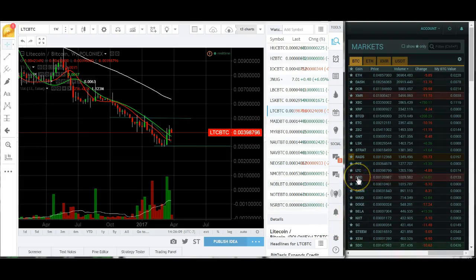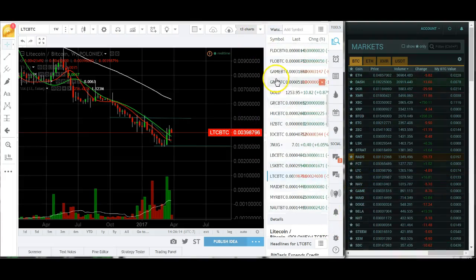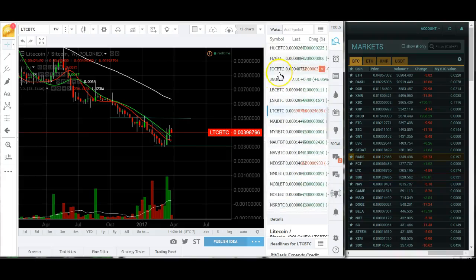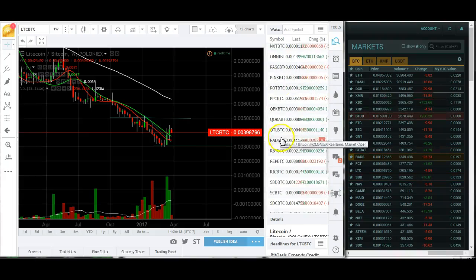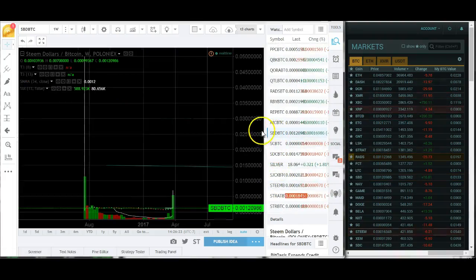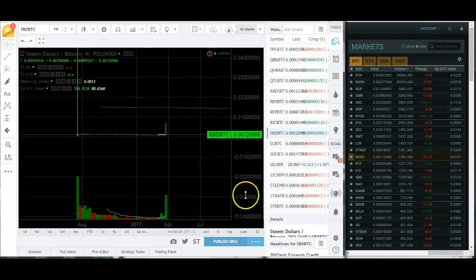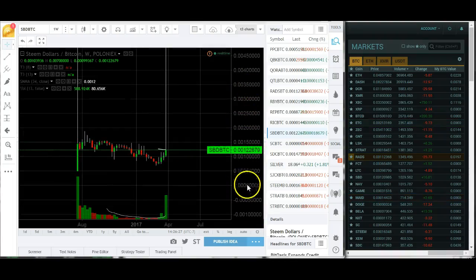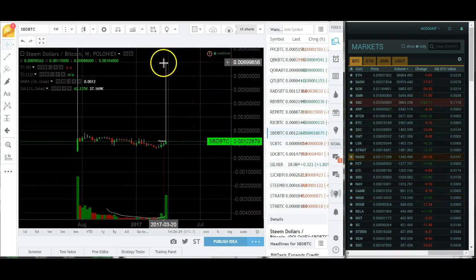I think we already looked at SBD. Nice inverted hammer. Look at that breakout. Oh my god.